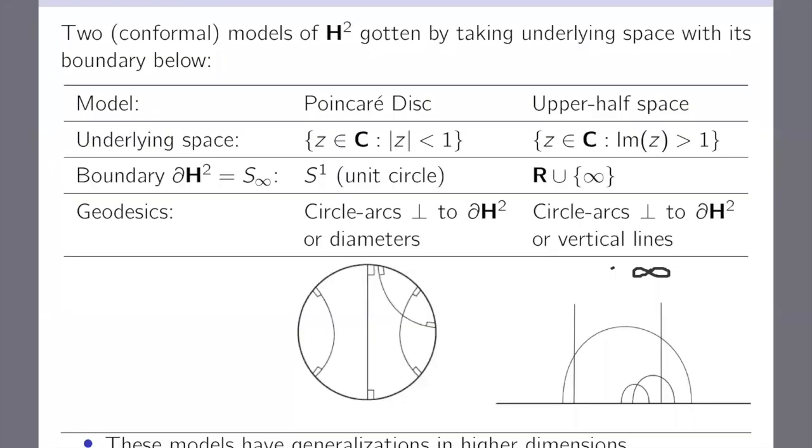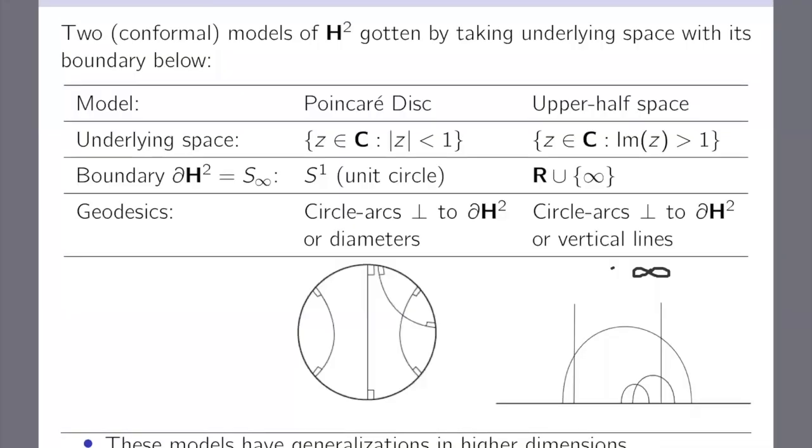Those are our lines in the upper half space model, and you can see some drawn there. When we say circle arcs orthogonal to the boundary, by default the centers of those circles lie on the boundary, so on the real line.